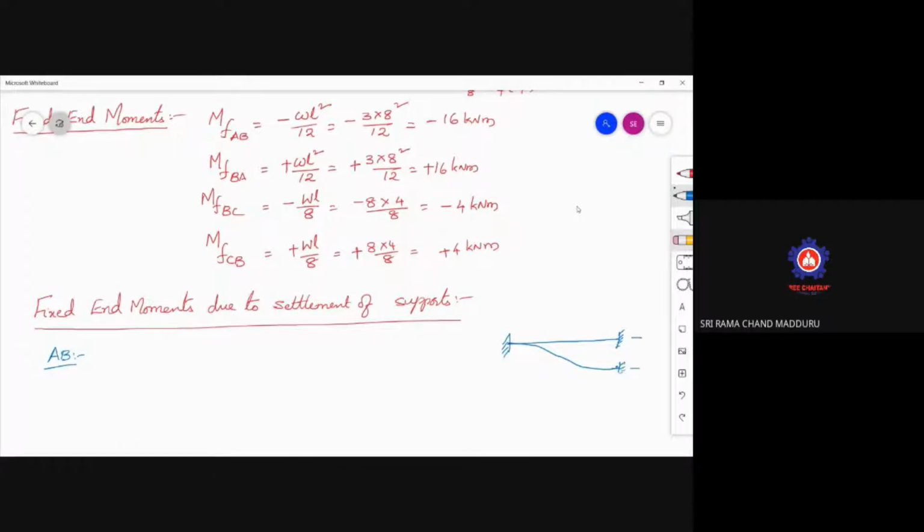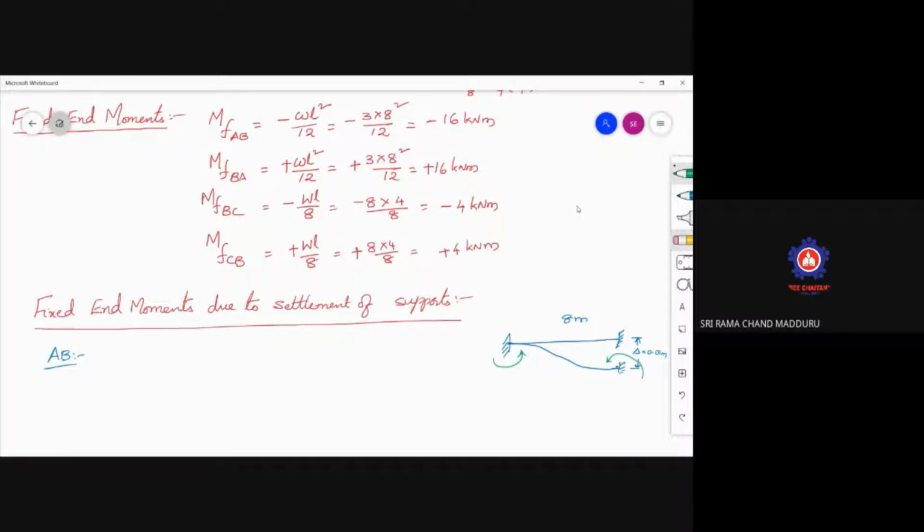So you convert 10 mm in terms of meters, which is delta equal to 0.01 meter, and the length is 8 meters. Now how will the moment of resistance act? The moment of resistance will act like this.